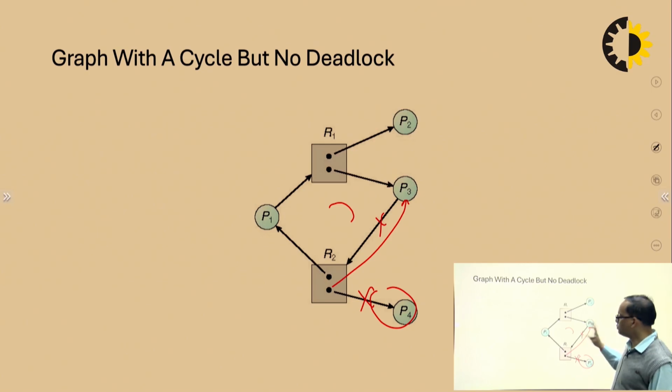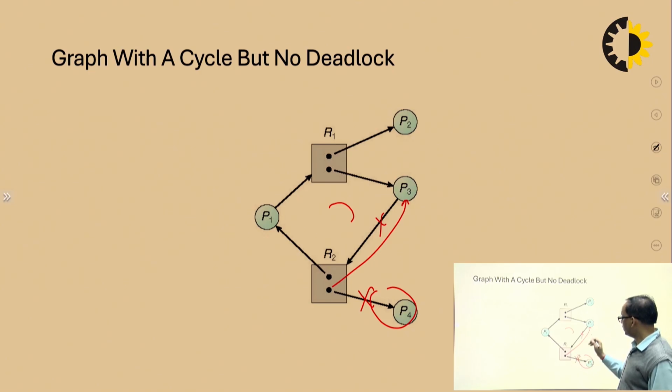So for this particular graph, there will be no deadlock in the system, because the hold and wait condition doesn't hold for process P4. In this case, process P4 will simply use this resource instance of R2 and release it. As soon as this resource instance of R2 is released by process P4, it will be allocated to process P3.